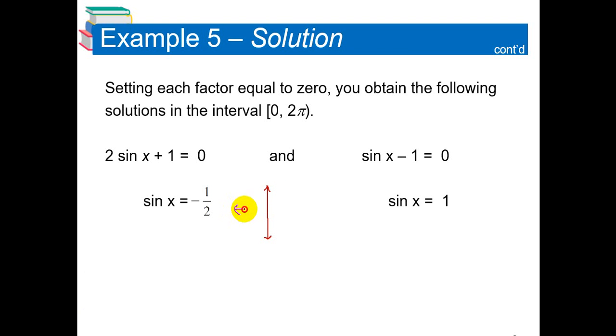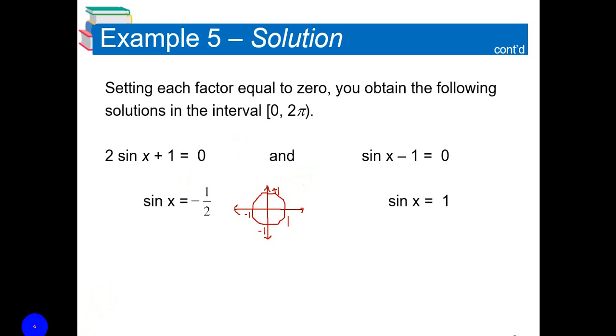Pi by 6 will be the reference angle to reflect the value equal to positive 1 over 2. Suppose this is my unit circle, a circle whose radius is 1 unit. This is my 1 on the right side, and on the left hand side it's negative 1, and this value is also my negative 1. Fine, it's a unit circle.